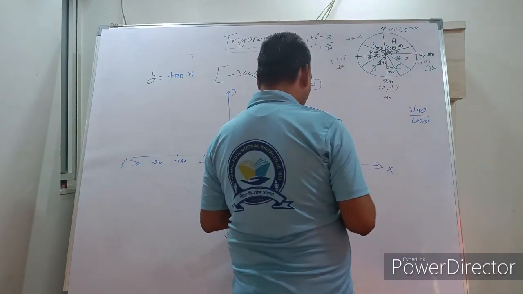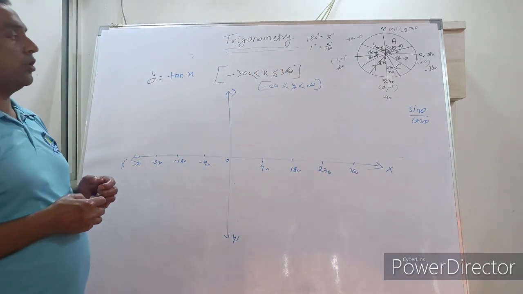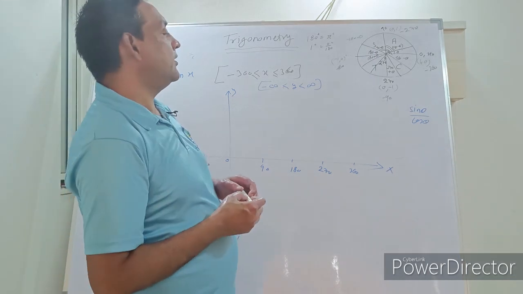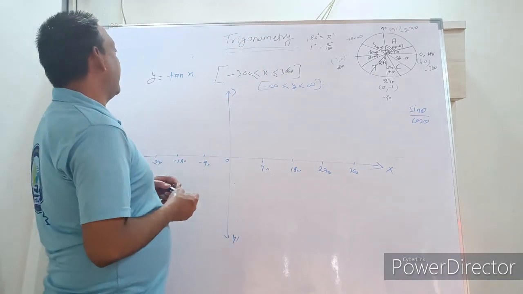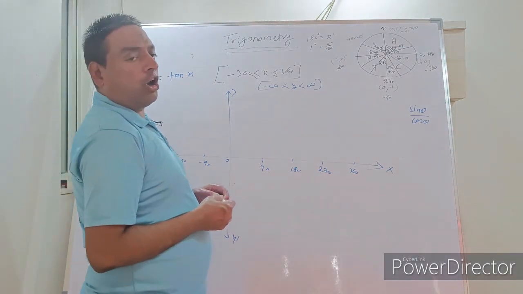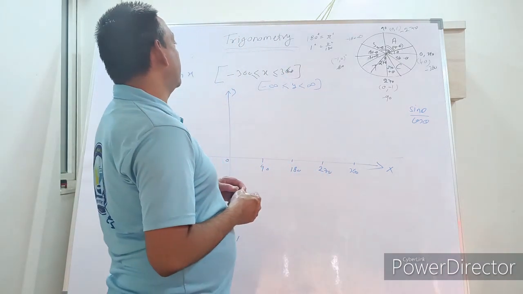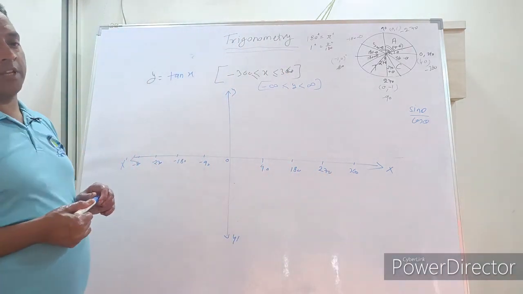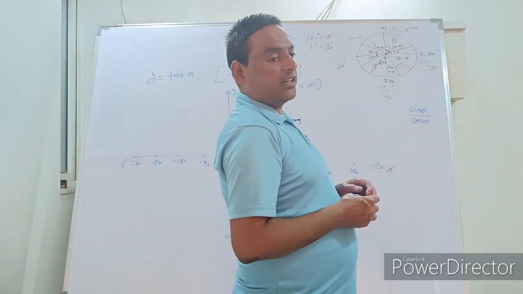So whenever the cos value is 0, you will get the infinite value of tan. So the tan value will be infinity at odd multiples of 90 degrees. If the value is an odd multiple of 90, it will give the infinite value.